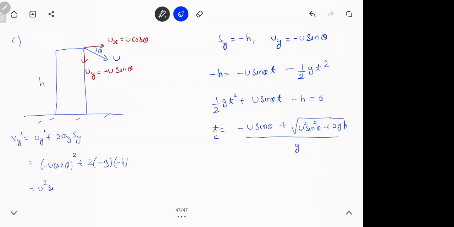So this is the vertical component, which you got the same as part A. Vx is u cos theta.